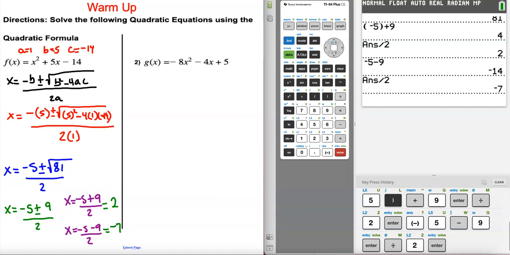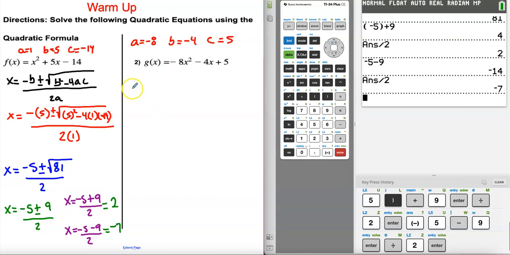Same thing here. Using the quadratic formula, my a value is negative 8, my b value is negative 4, and c is positive 5.